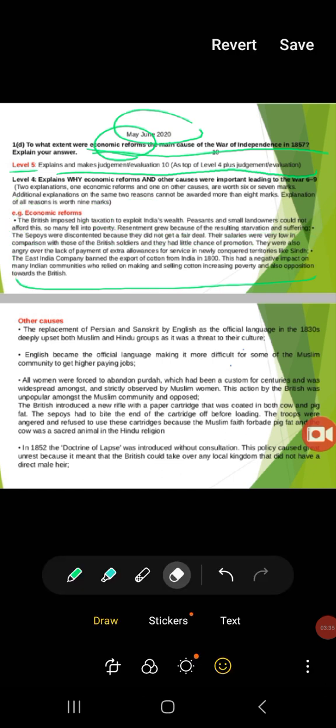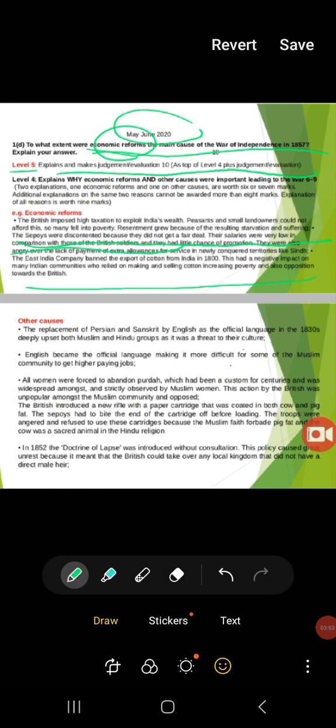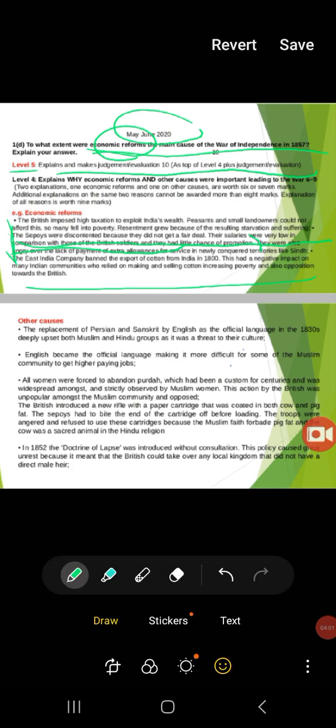Let me erase this so that you may be able to read it clearly. The sepoys were discontented because they did not get a fair deal. The salaries were low in comparison to those of the British soldiers, and they had little chance of promotion. See, this is the second point. Little chance of promotion among the sepoys.